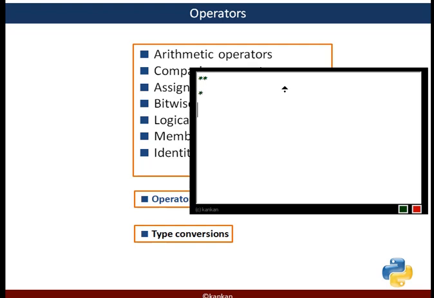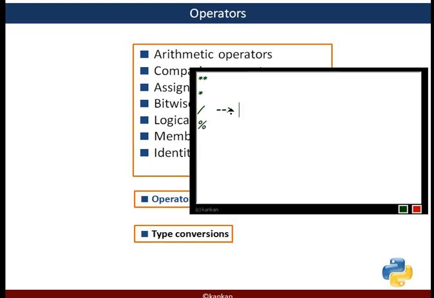Multiplication has the next precedence, second highest. Division, modulo. Okay. Now the division operator will produce the exact value.